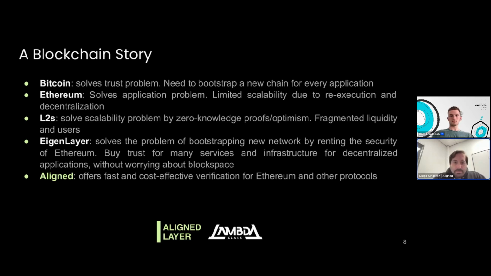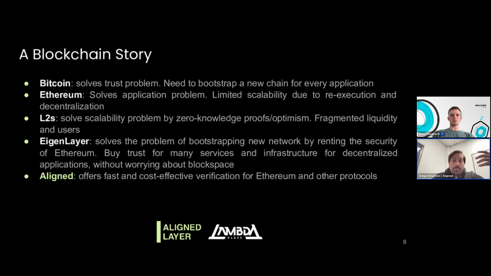Then we have the next great idea, that is EigenLayer, because it solves the problem of having to bootstrap a new network by being able to rent the security of Ethereum via the idea of restaking.